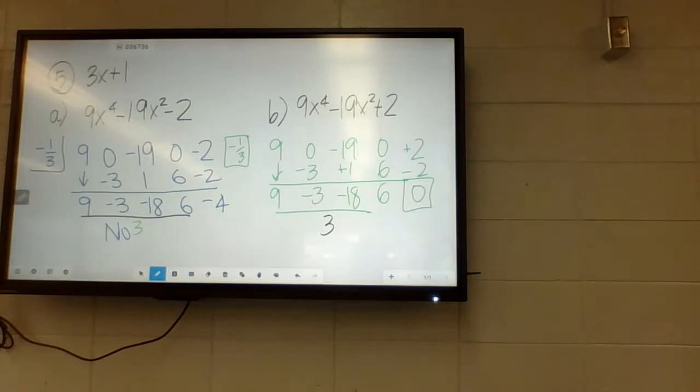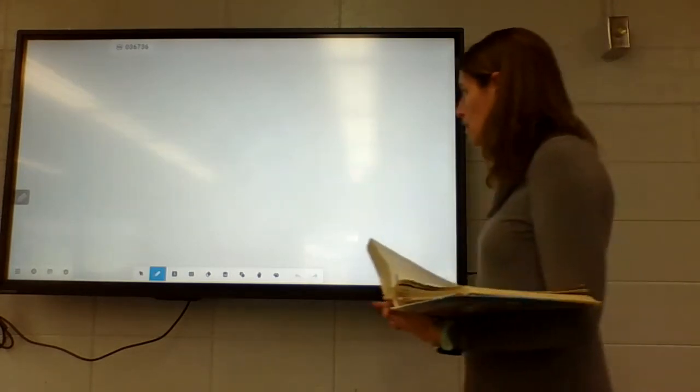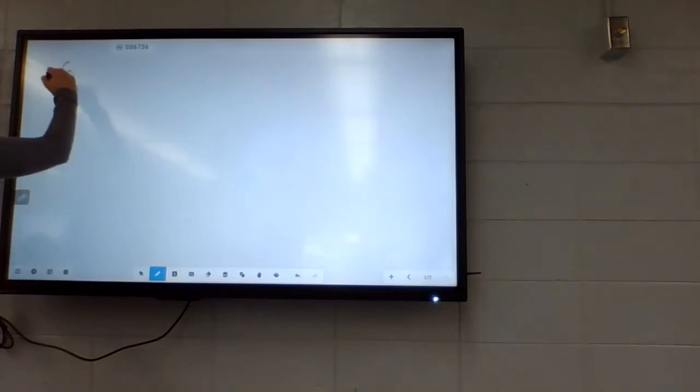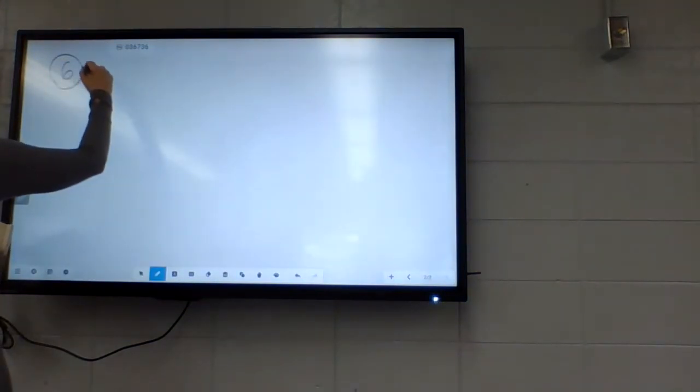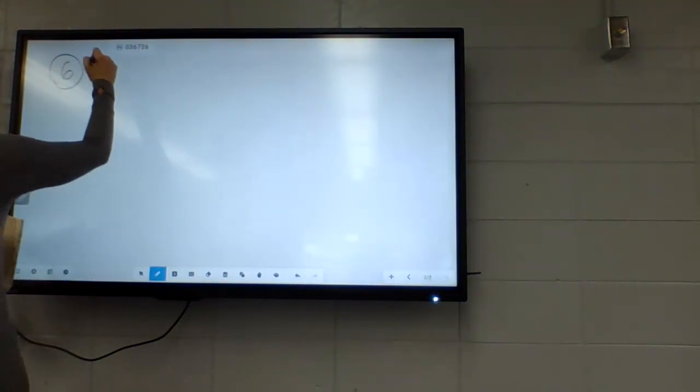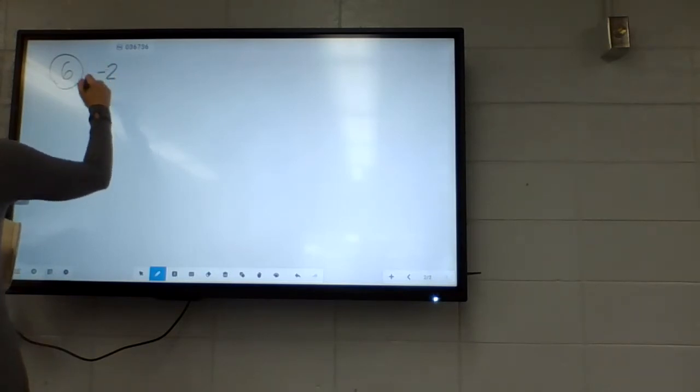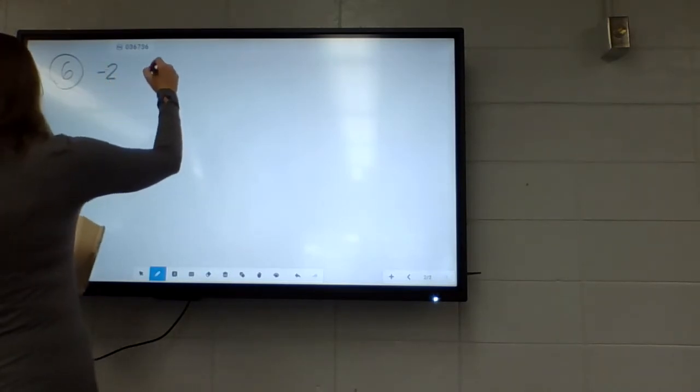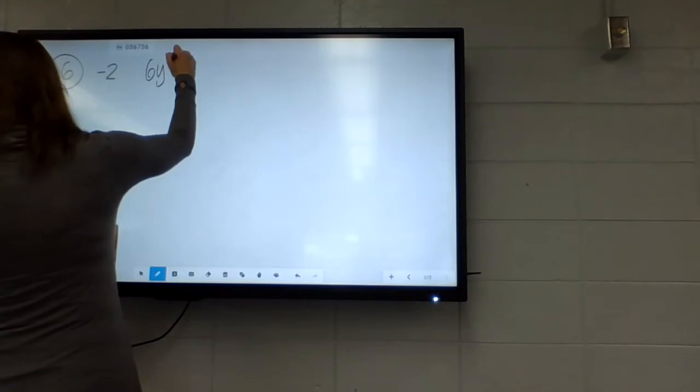All right, number 6. They give us the 0 of the polynomial, and then they want us to find any remaining zeros. They tell us negative 2 is the 0.